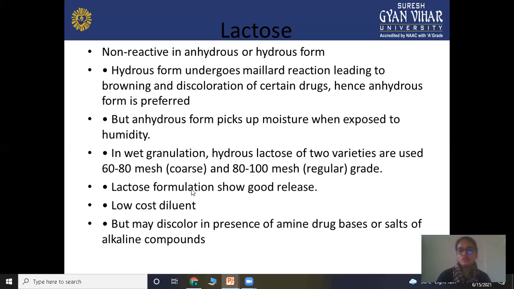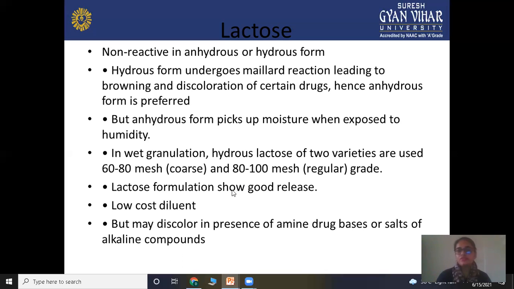And next, it is a low cost diluent. No costly diluent is required; lactose is very easily available and cheap. Next, it may discolor in the presence of amine drugs, drugs based on salts, and alkaline compounds.